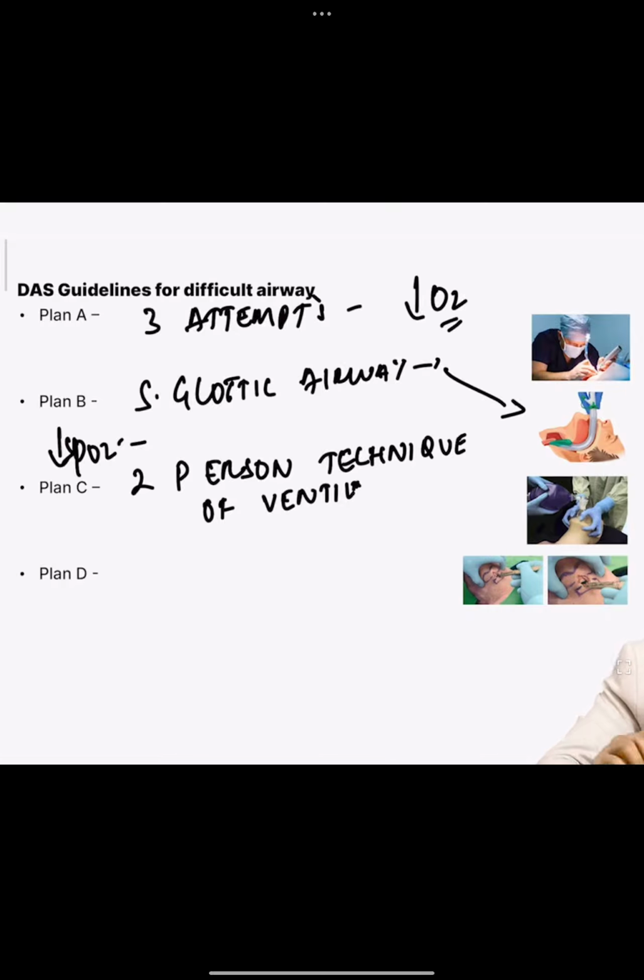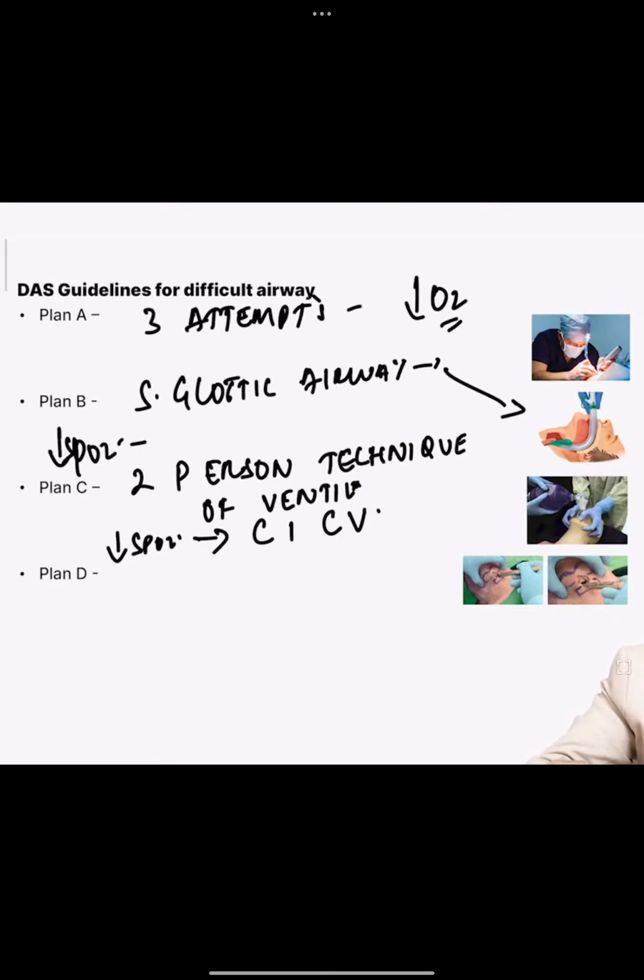But guys, remember, if at all after going for 2-person technique also the oxygen saturation is still low, that is very rare, but if it happens, what will be declared? This will be declared as cannot intubate, cannot ventilate scenario. CICV, cannot intubate, cannot ventilate scenario. This is the worst nightmare for any anesthetist.